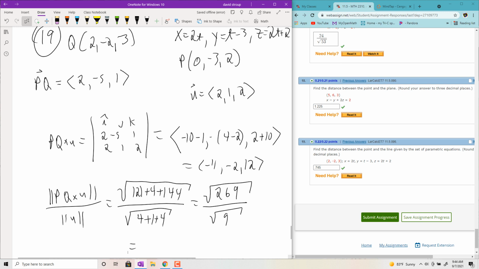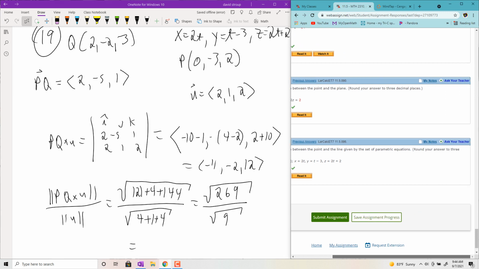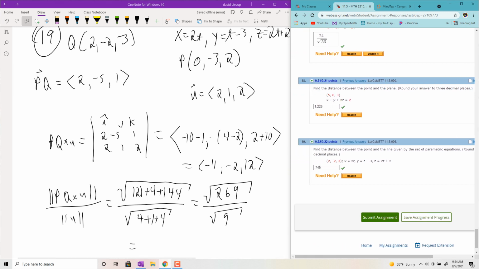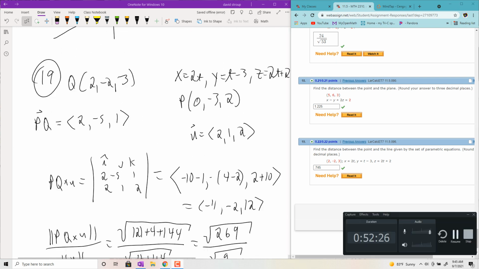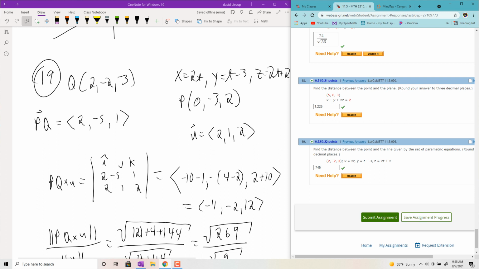And this is between the point and the line, and the answer with 3 decimals. Gee willikers. Oh, I see a mistake already. Negative 2, it's back here in PQ. I apologize. So the first one, 2 minus 0 is fine. Negative 2 minus negative 3. Let's make sure that's right.